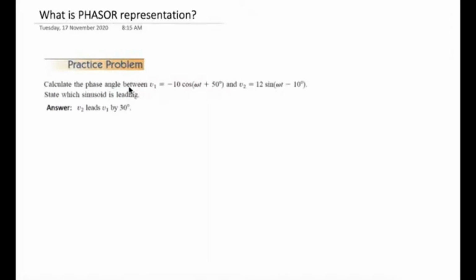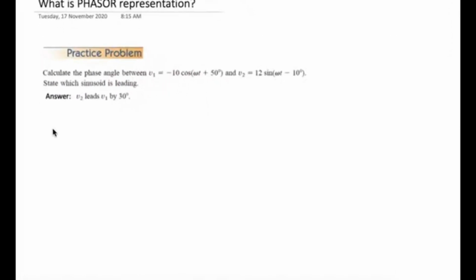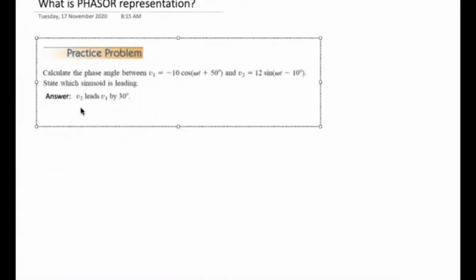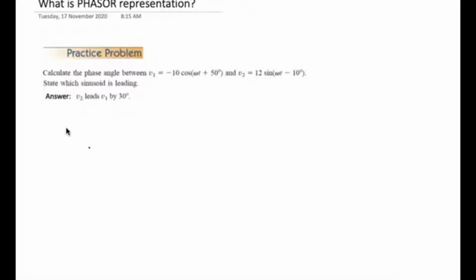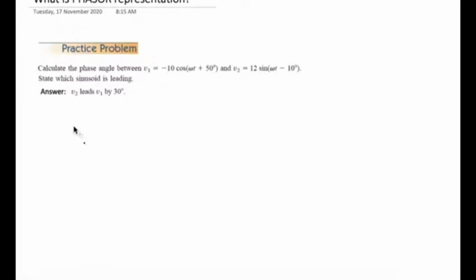So for example, you have one signal, and that signal is given by, let's say we take this equation, V1. V1 is negative 10 cosine omega t plus 50.